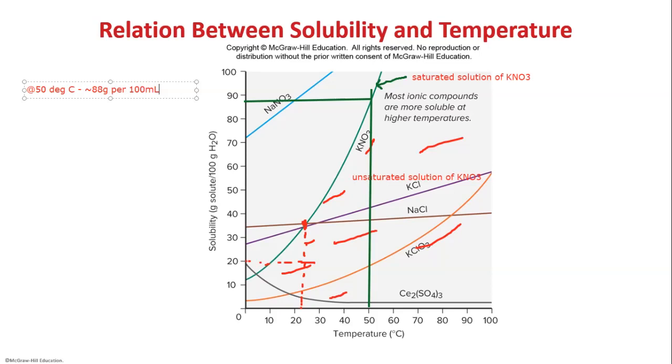Now, if you're on the left side of the curve for potassium nitrate, this would be the region of supersaturated potassium nitrate solution.